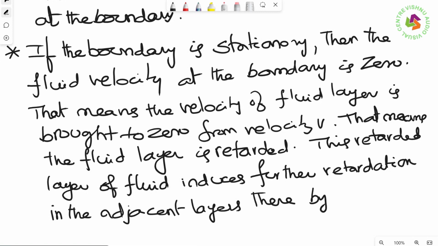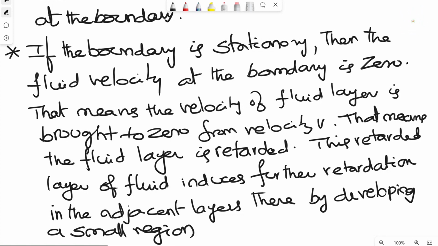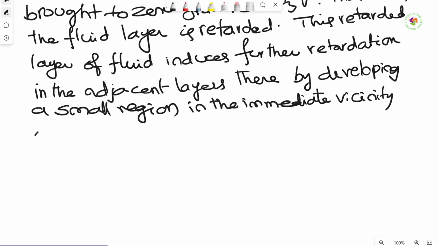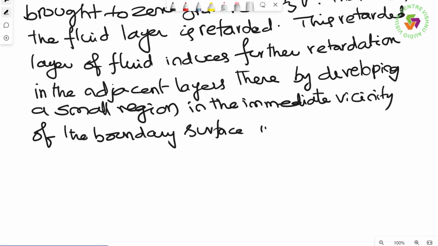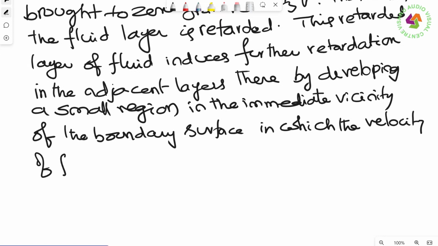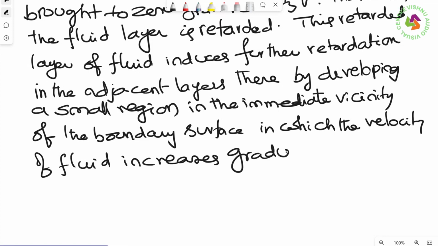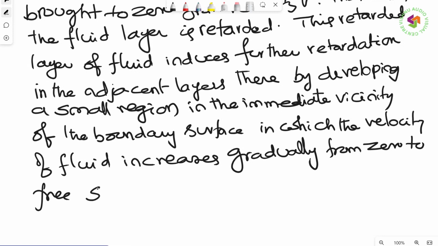thereby developing a small region in the immediate vicinity of the boundary surface, in which the velocity of fluid increases gradually from zero to free stream velocity.